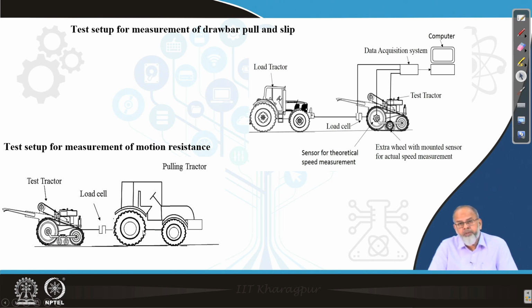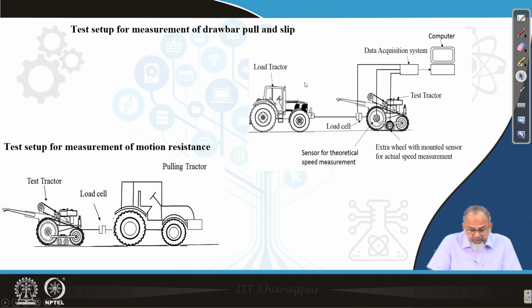Speed could be 1 km/h or 2 km/h. Then we find out the output from the load cell, and that is recorded in a computer through a data acquisition system. By this we can find out how much force is required to move this power tiller. That becomes your motion resistance.